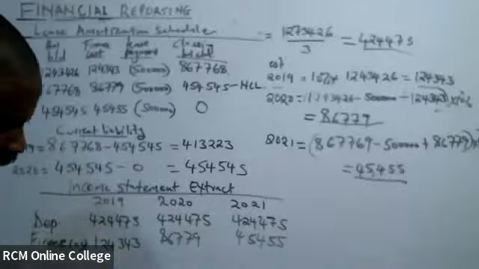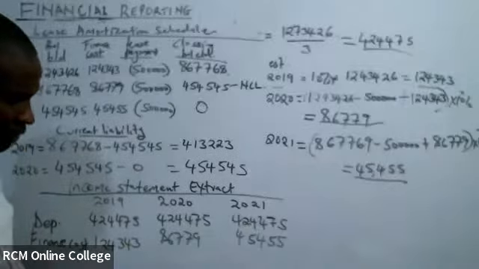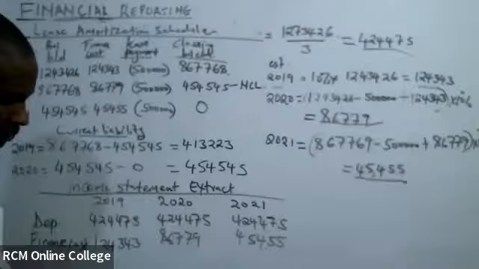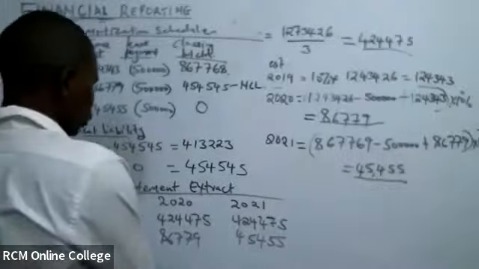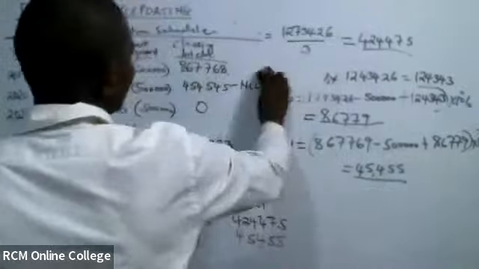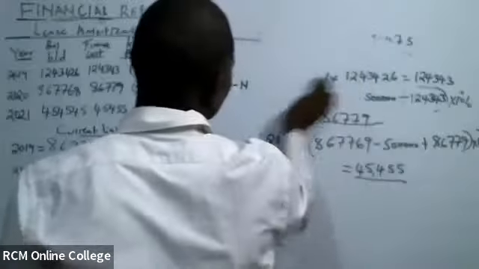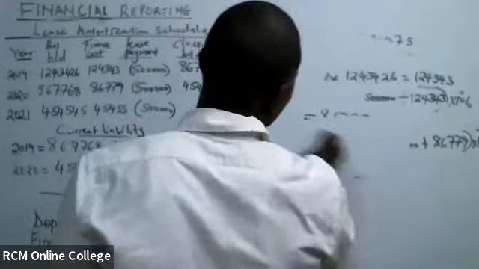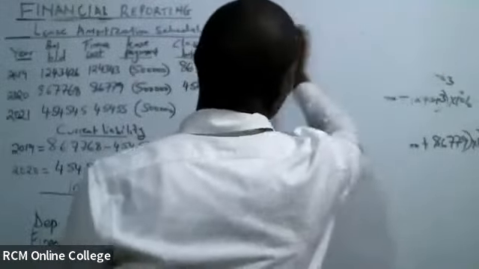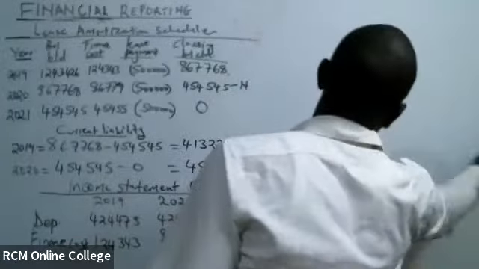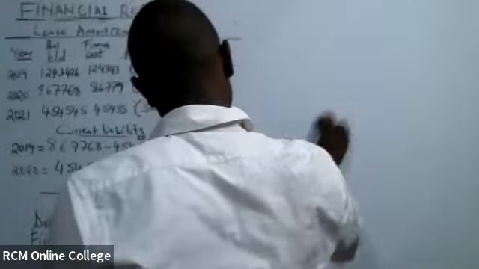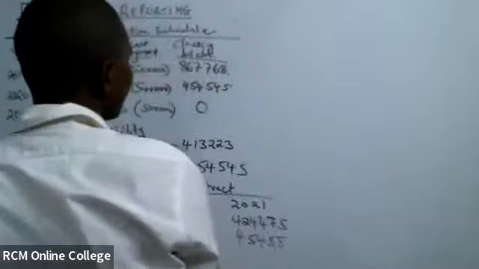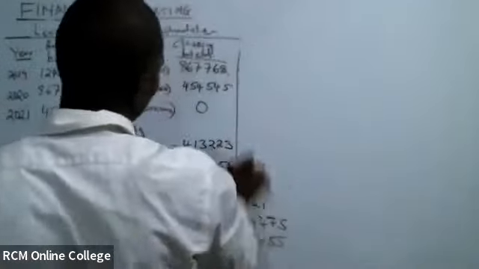Then the final one is the balance sheet extract. For the balance sheet extract class, we need to be very keen. The final thing that we need to have is the balance sheet extract.